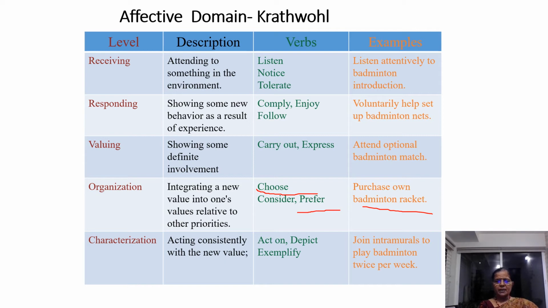So you are committed now. You are taking that value into your character. It becomes part of you. Nobody can stop you from playing badminton. So these are the various levels that go into the affective domain. Here this is only an example I have chosen, badminton. You can choose any example to explain the various levels.